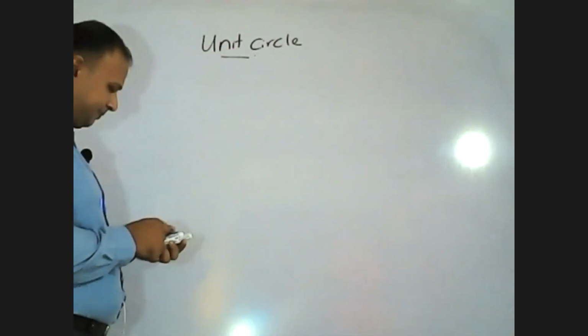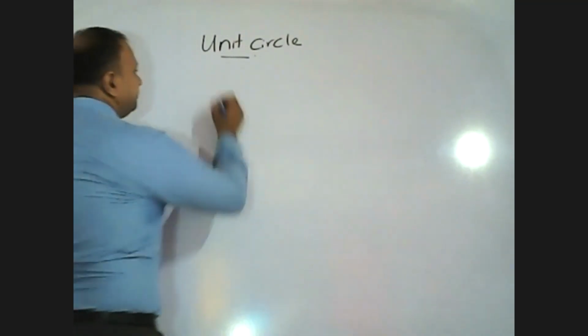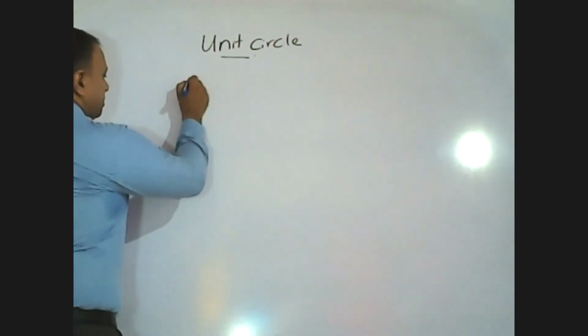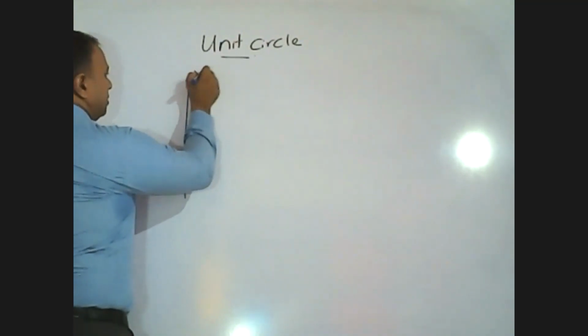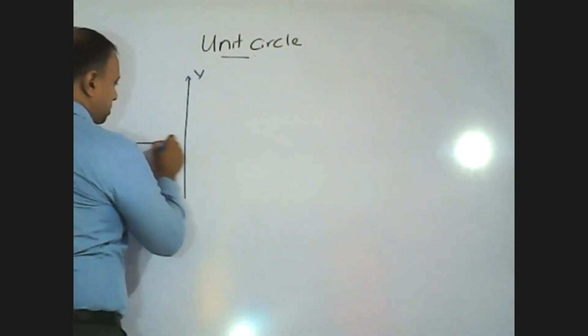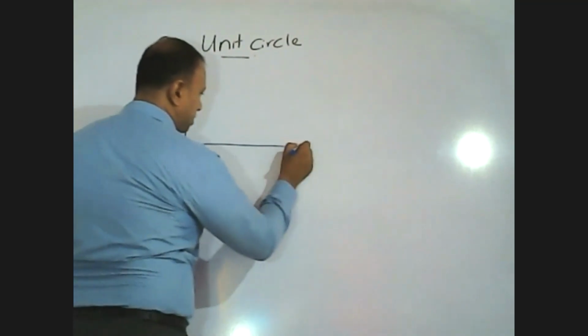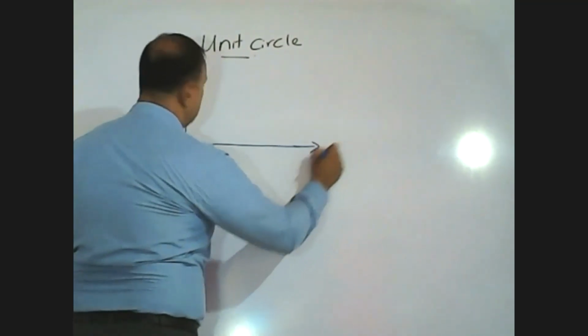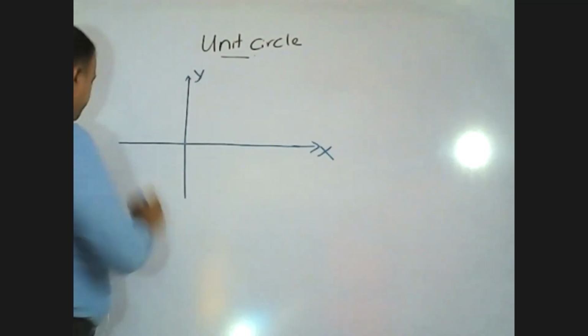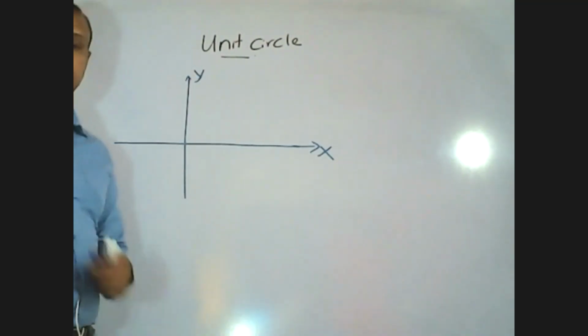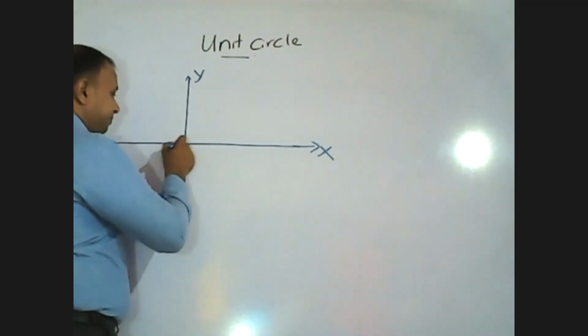Suppose there is a Cartesian plane. You know, this is the origin.